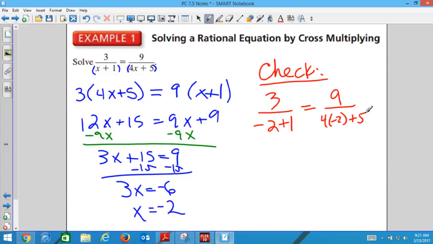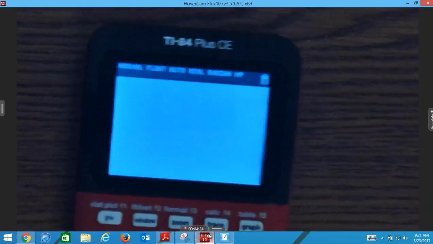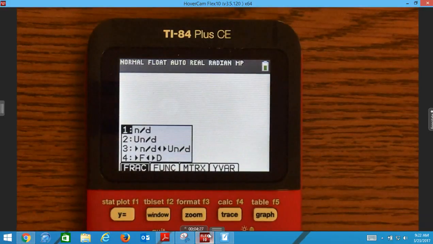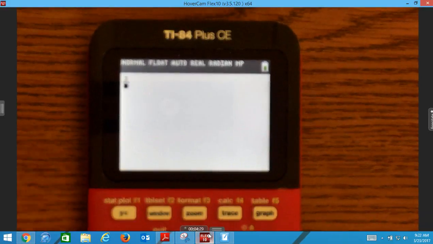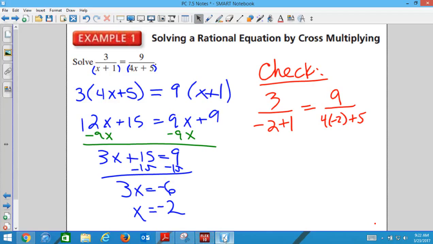If you have a harder one to type in, because you are going to get some harder ones, I'm okay with you also using the calculator to simplify it. So this one was 3 over negative 2 plus 1. And then the other one was 9 over negative 8 plus 5.